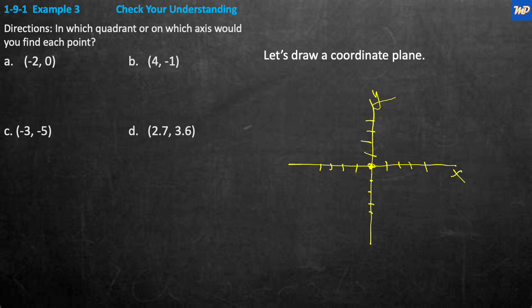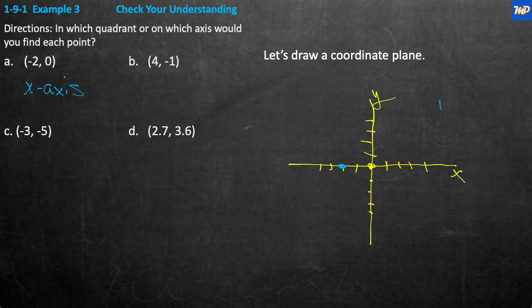So where is that? Negative 2, 0. Let's change to blue here. Negative 2, 0 is right here. Well, it's on the line, right? So this is on the x-axis. It's not in either quadrant. Should I put the quadrant names in?